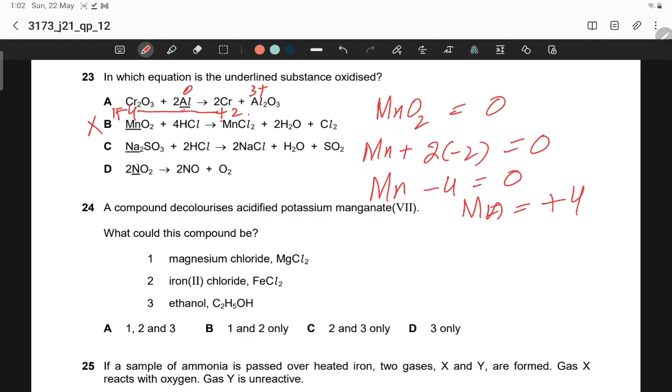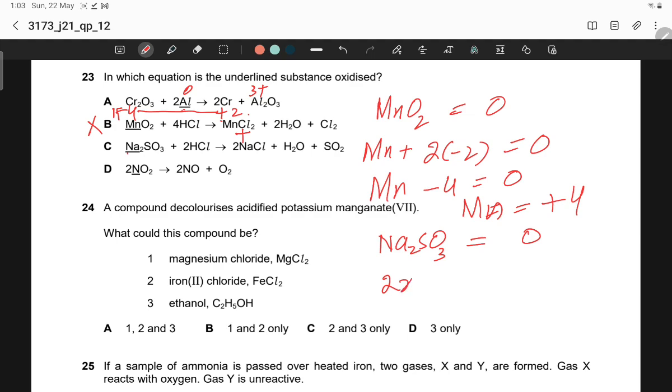Na2SO3. So over here, sulfur is plus 6, and this is the underlined element. Compound decolorizes acidified potassium manganate. What could this be, sodium sulfite, Na2SO3 is equal to 0.